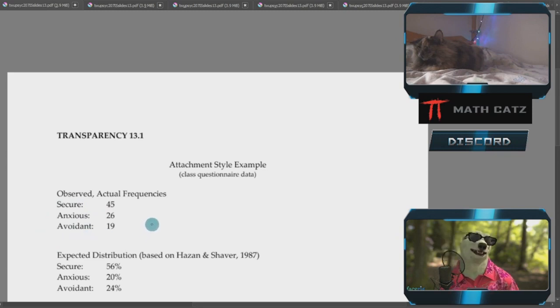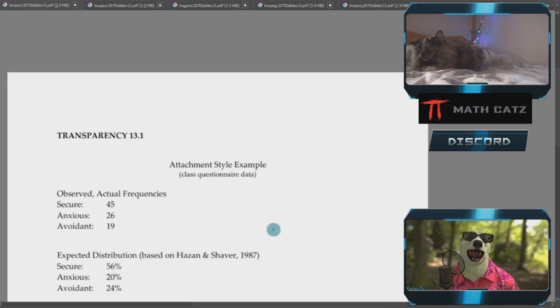So we observe some frequencies from a survey that we do, and we get that 45 people had a secure attachment style, 26 anxious, and 19 an avoidant style.